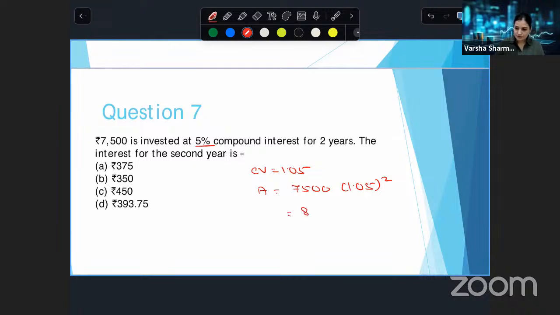Amount is 8268.75. But what do we need? We need the interest. Compound interest is amount minus principal. So subtract 7,500. 768.75. Options are wrong. Answer will be 768.75.